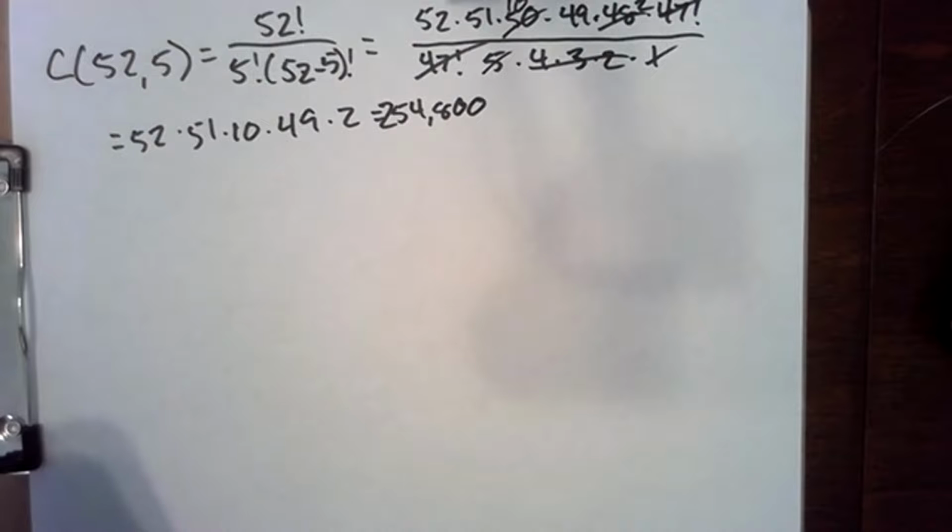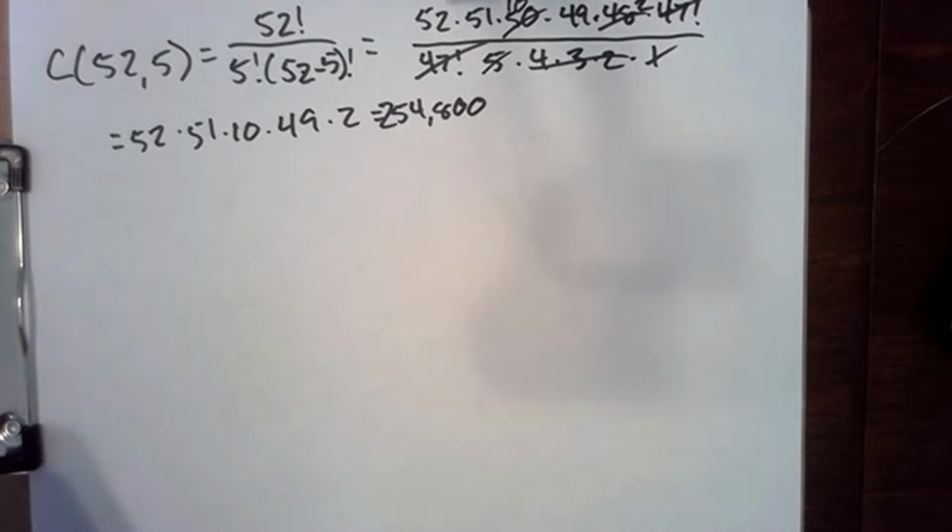One moment here, sorry. 52 times 51 times 50... Yeah, I must have entered a number wrong. Times 49 times 48 divided by 5 times 3, 120. Yeah. Okay, so I probably just entered my numbers wrong.